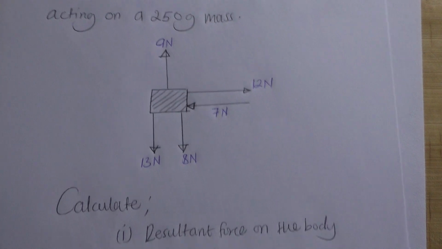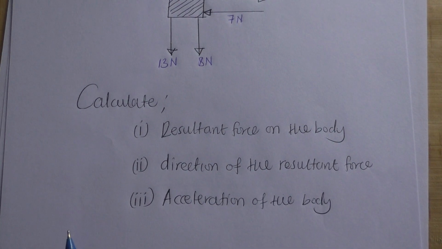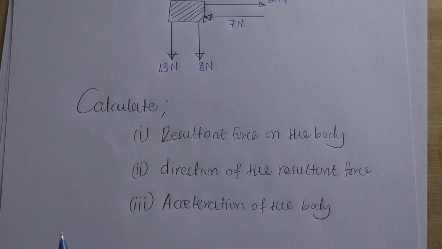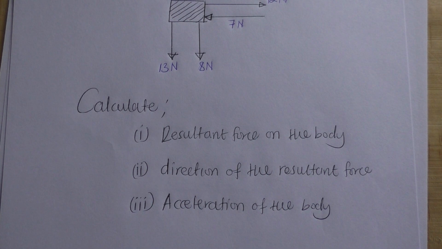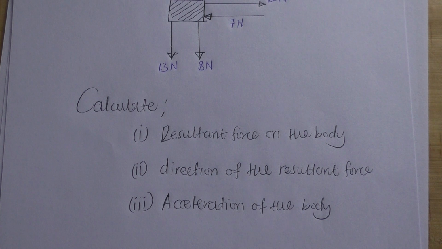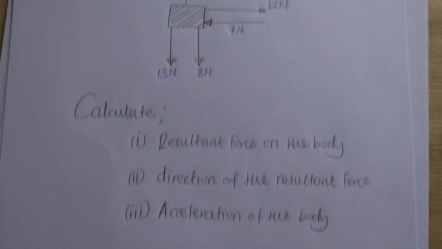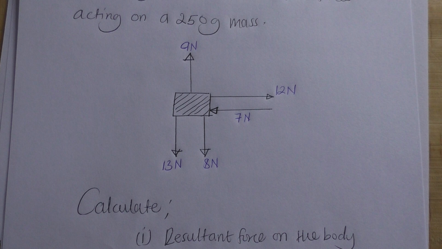The question is, we calculate the resultant force on the body, the direction of the resultant force, and the acceleration of the body. Now, since we have many forces, therefore, we must first get the resultant horizontal and resultant vertical. After getting the 2, that's when we can determine the final resultant force.